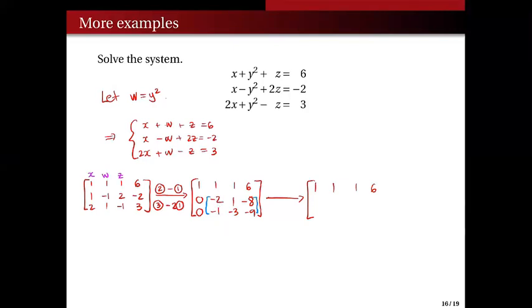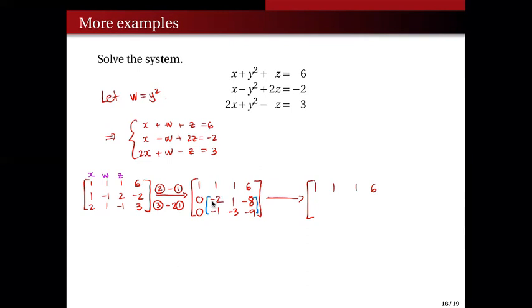So we can choose between row 2 and row 3. But what I'm going to do is to choose row 3 as the top row. It's because for row 3, I don't have to divide by a number other than 1 or -1.